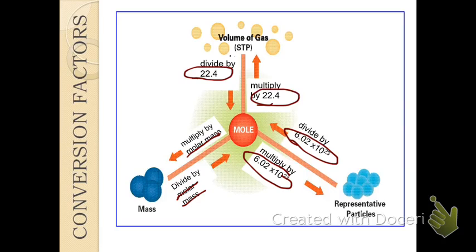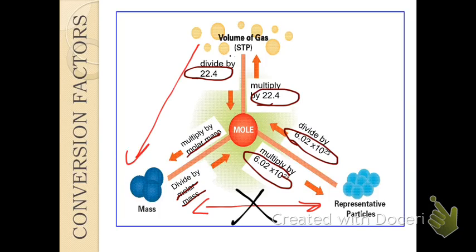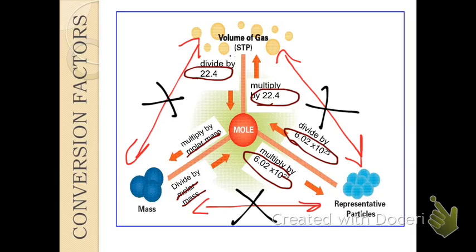One last thing I want to point out to you on this mole map. Please note that you can never go from mass to particles. You can never go from mass to volume. You can never go from volume to particles. It has to go through the mole.